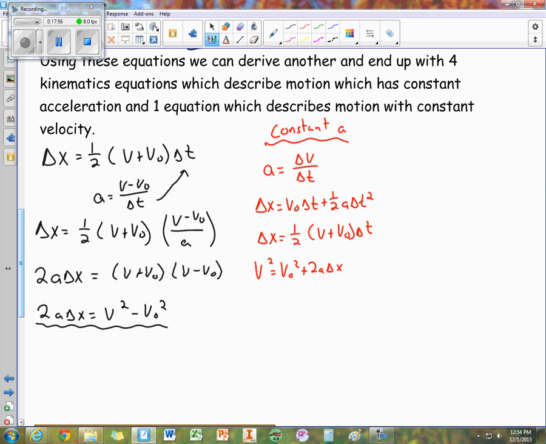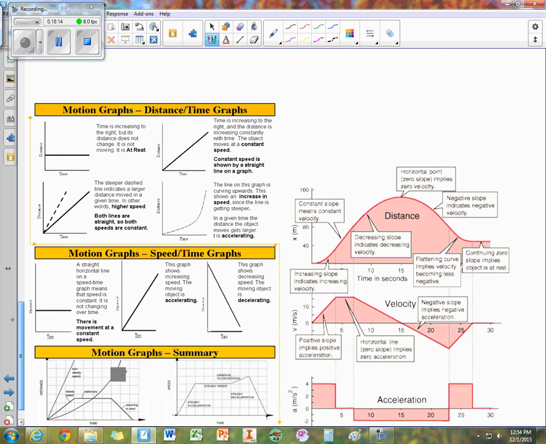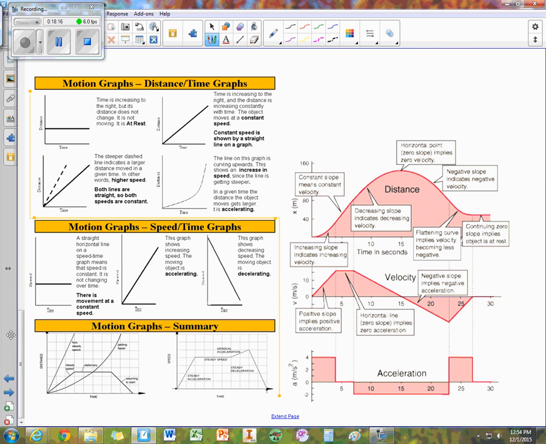When we have constant velocity, we're a little more limited. What's left down here, if you want to, you can pause this, is just those motion graphs. It's something that you really should go back through and familiarize yourself with. All right, well, that concludes this video.